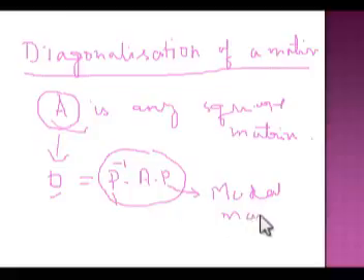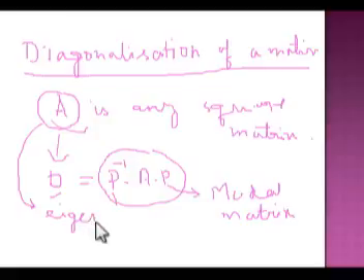We have to select it in such a way that we find all the eigenvalues first and then the related eigenvectors, and through the eigenvectors you can make the model matrix.